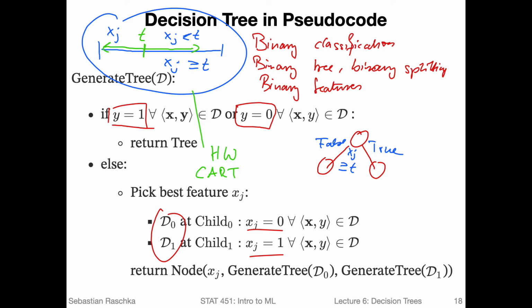We will be using the so-called CART algorithm, and at each node in the decision tree, we'll consider one feature. So we have a feature xj, where j is a value between 1 and m, so we have up to m features.